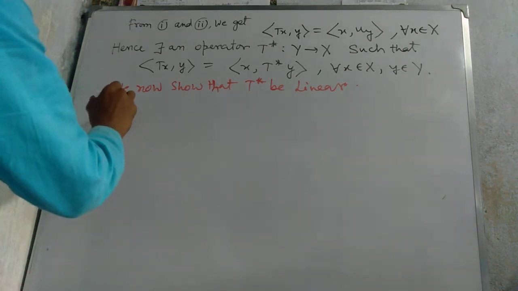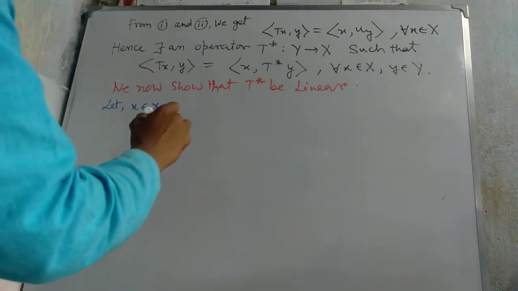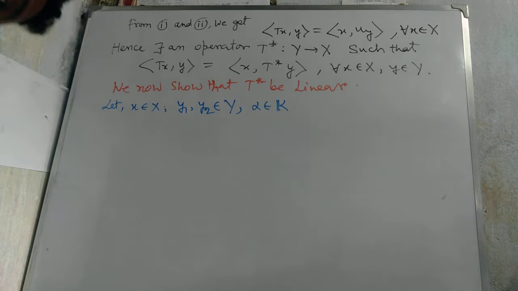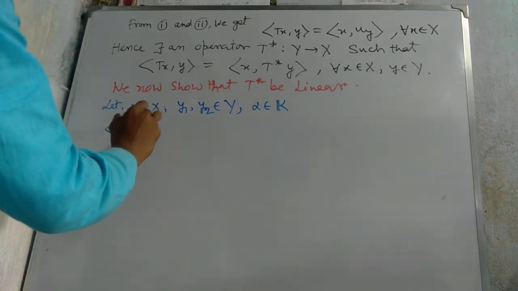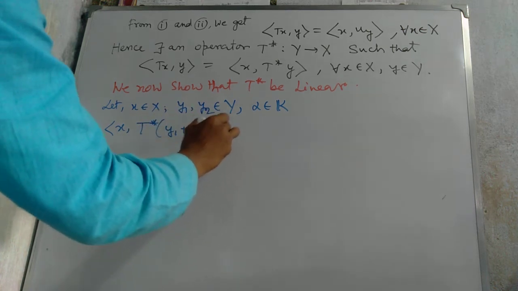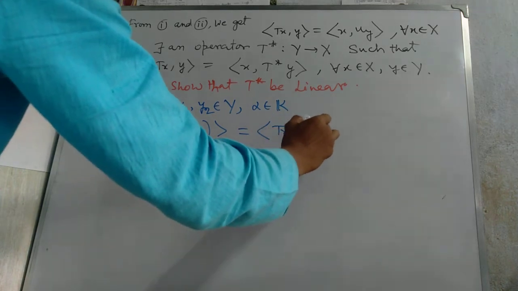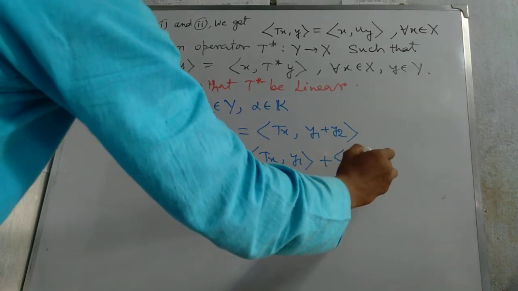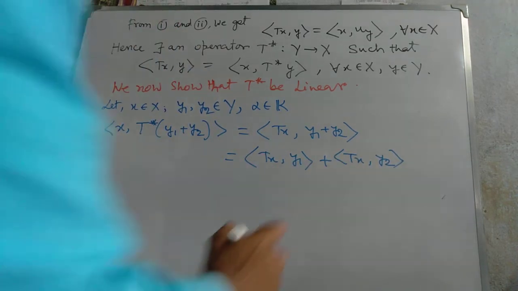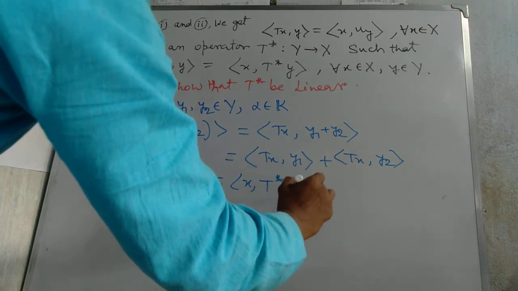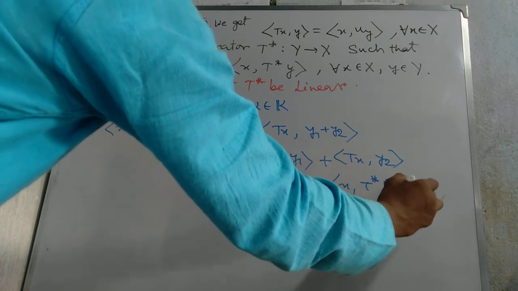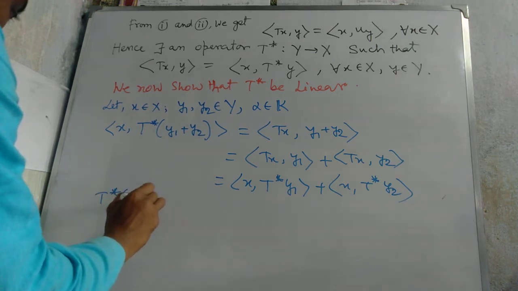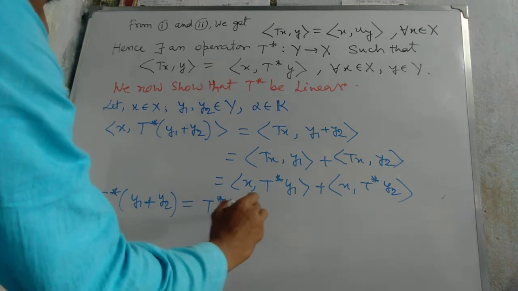Let x belong to X, y1, y2 belong to Y, and alpha belong to K. Then <x, T star(y1 plus y2)> equals <Tx, y1 plus y2>, which equals <Tx, y1> plus <Tx, y2>. This equals <x, T star y1> plus <x, T star y2>. So we get T star(y1 plus y2) equals T star y1 plus T star y2.